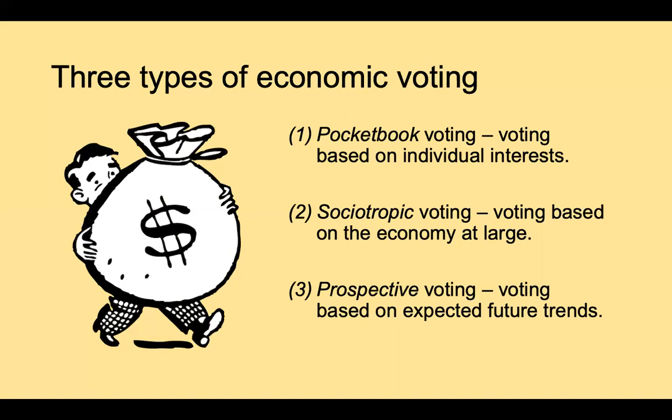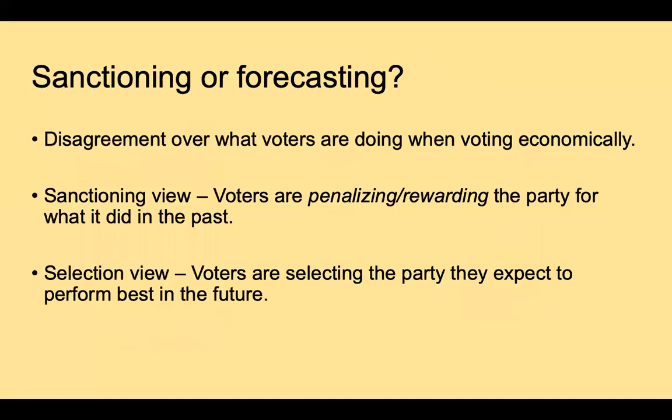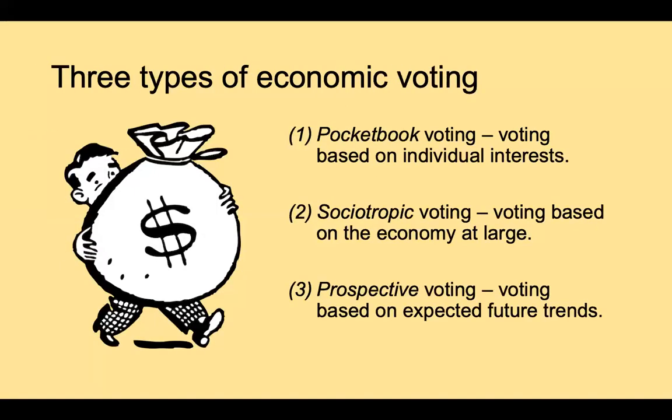But what you'll notice about all three of these is that they highlight the rationality of the voter and the capacity of the voter to obtain information, to assess information, to make decisions in light of that information, and then to execute those decisions to support or oppose candidates or parties based on their assessment of their economic situation or the country's situation or the future.